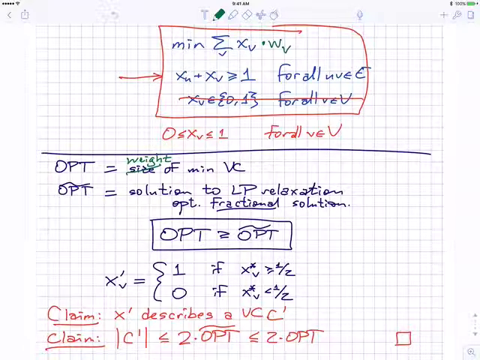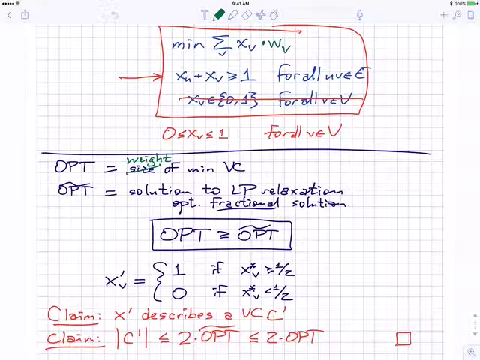So the question was, is there a way in general to look at an integer program and say the variables that are 0 in the optimal fractional solution must also be 0 in the optimum integer solution? And no, not necessarily.